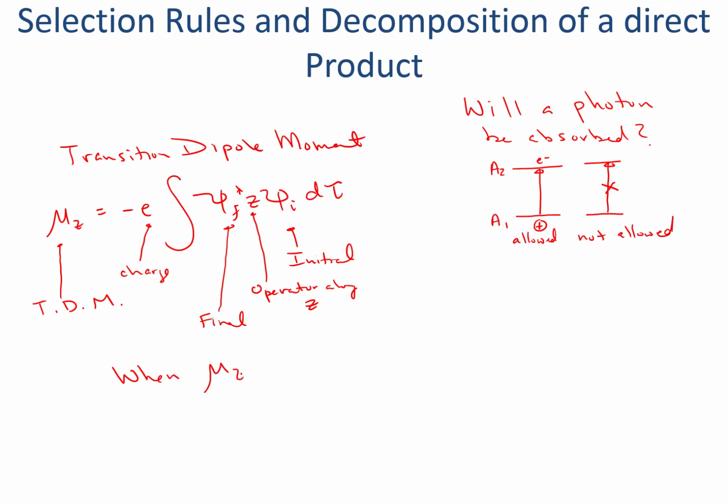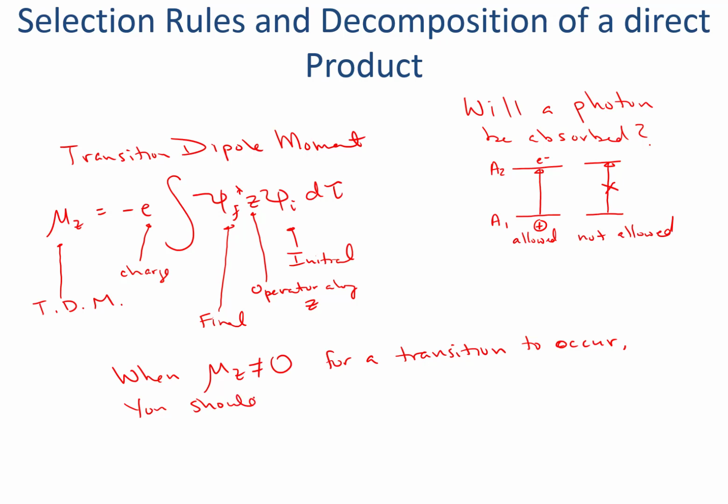So when mu of z is not equal to zero for a transition to occur, it must be non-zero.